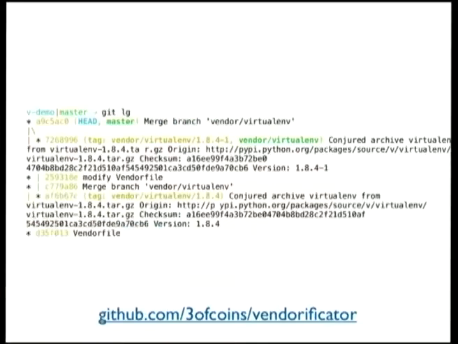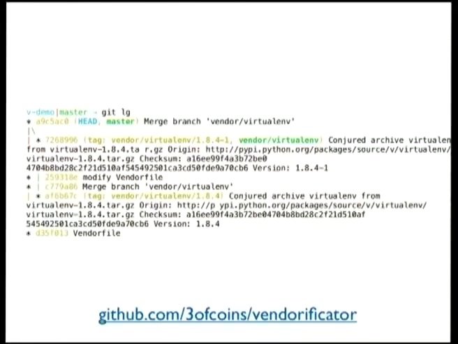And in the log we can see that the change was introduced into the pristine branch with a new tag and merged again into master. So all the changes in modules, all the upgrades, all the updates work on the same pristine branch, which means if you update a dependency, go from virtualenv 1.8 to 1.9 when it is released, you also have a clear difference of what happened between the previous version you used and the current version.